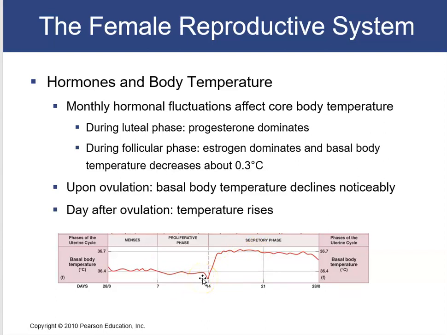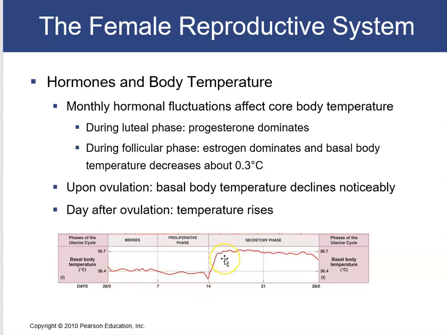When ovulation occurs, there is an initial drop in basal body temperature, and then an abrupt spike or rise in temperature after ovulation. So if a woman is trying to figure out when ovulation occurs, you take your temperature first thing in the morning before you get out of bed, and you monitor it.